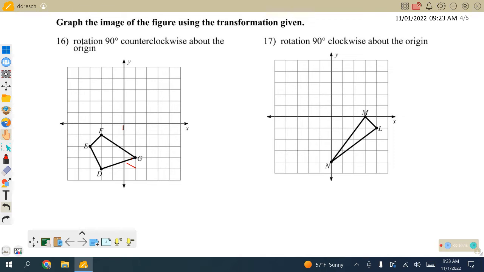So that when you rotate this thing, you'll know where E prime lands, where G prime lands, okay? So I'll give you a second to transfer that over. You should have the origin, that point of rotation, so that you can keep track of things, and then your actual pre-image for us to rotate. I'll give you a second.